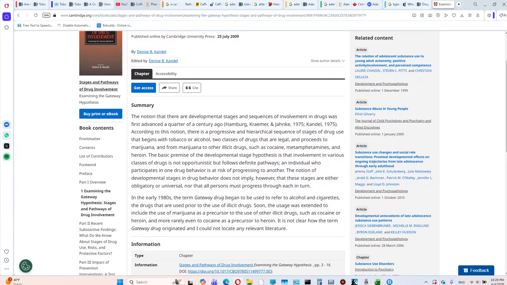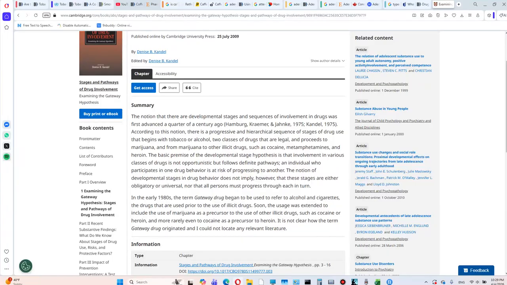Summary. The notion that there are developmental stages and sequences of involvement in drugs was first advanced a quarter of a century ago (Hamburg, Kramer, and Jaffe, 1975; Kandel, 1975).